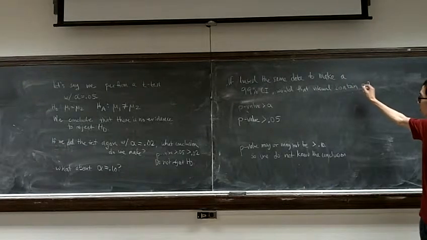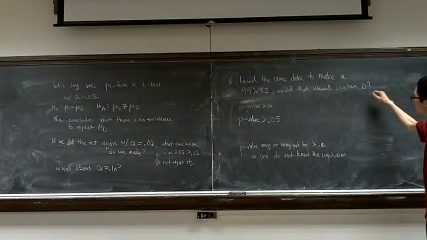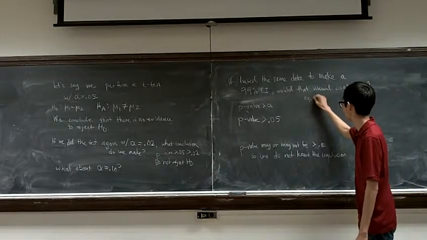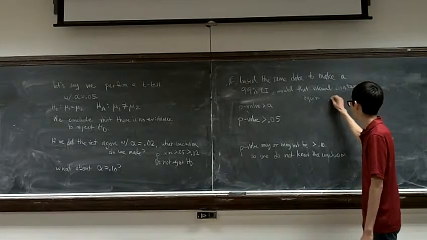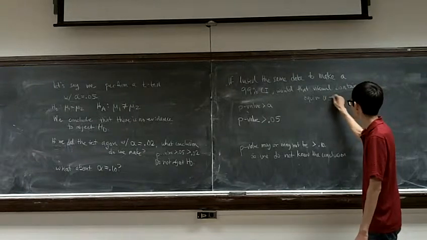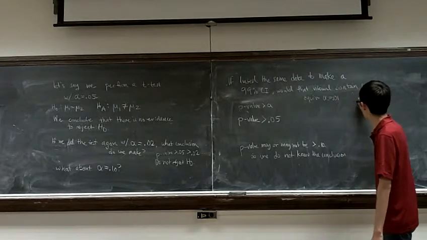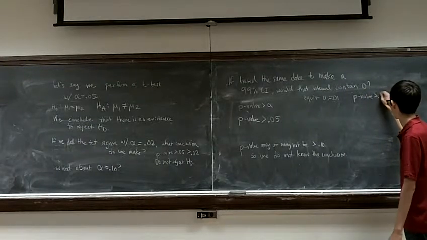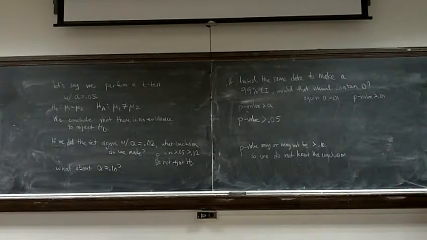If we use the same data with a 99% confidence interval, this is equivalent to alpha equal to 0.01, and we know our p-value is greater than 0.01 because it's bigger than 0.05.